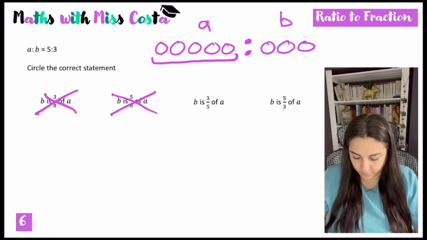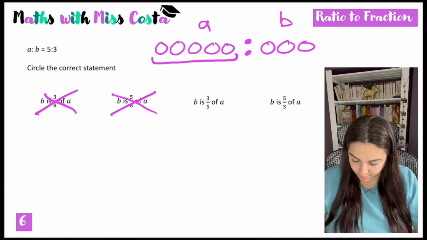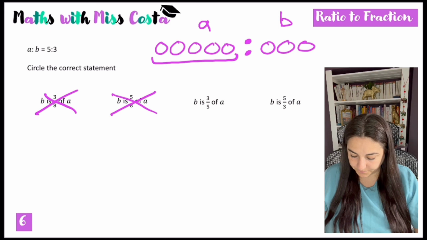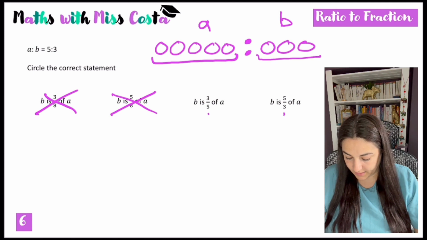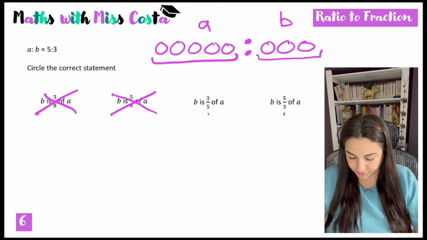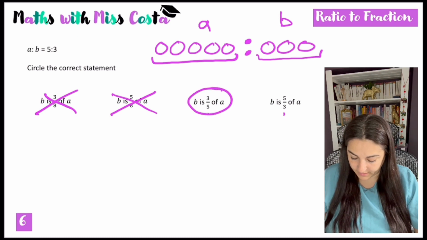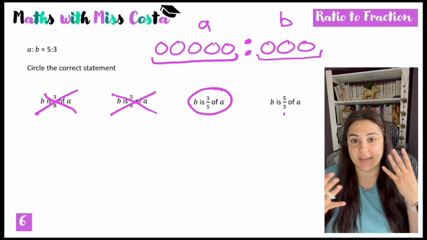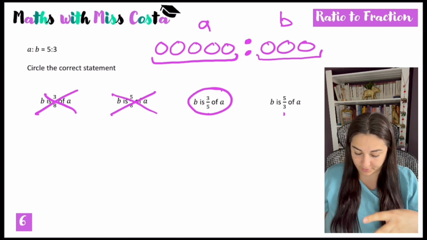So it cannot be 5/8 either because the total is 8, but A only has 5 parts. So B must either be 3/5 of A or 5/3 of A. B has 3 parts out of 5 parts of A. So B must be 3/5 of whatever A is. The value of B is less than the value of A. So it's 3/5 of A.